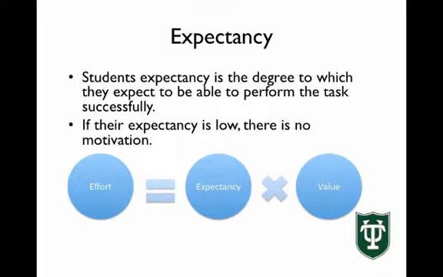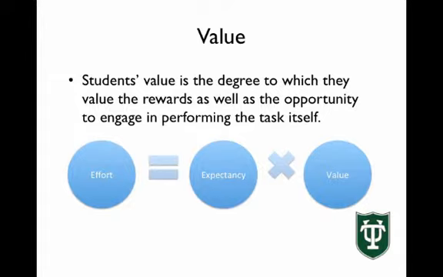Let's talk now about the value. So students' value is the degree to which they value the rewards as well as the opportunity to engage in performing the task itself. What does it mean for me to be able to do it? Is it really important for me? So if it is, there is a really good chance that I will invest a lot of effort in it.